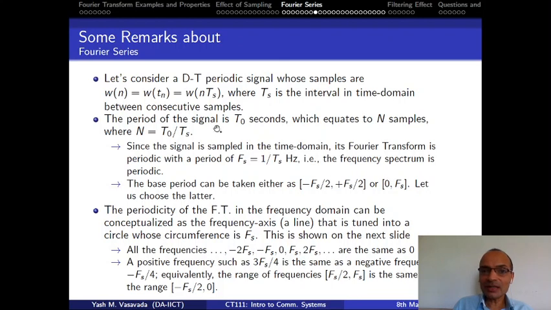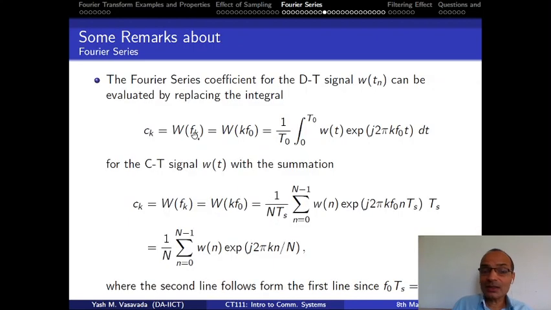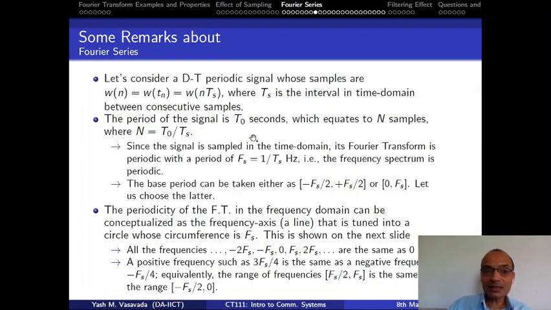Because the time domain has been discretized, and so therefore the frequency spectrum has become periodic, and we are considering the periodicity from 0 to capital F of s. But we are also saying that even the frequency is discretized. Why is frequency discretized? Well, the frequency is discretized because we are considering the discrete time signal to be periodic with a period of T0 seconds.